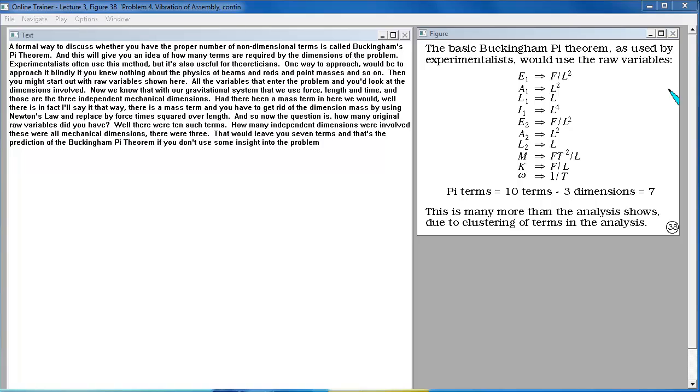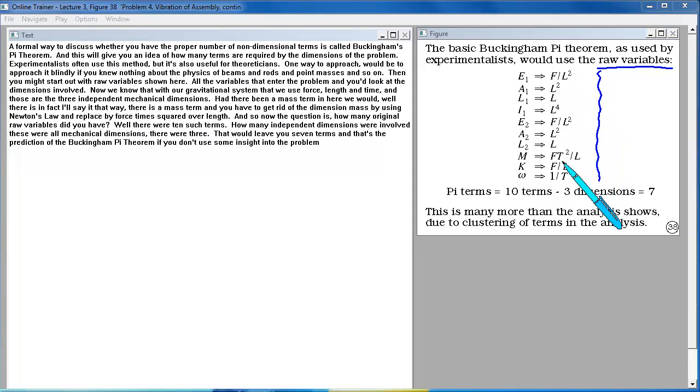Experimentalists often use this method, but it's also useful for theoreticians. One way to approach it would be blindly, if you knew nothing about the physics of beams and rods and point masses and so on. Then you might start out with raw variables shown here, all the variables that enter the problem, and you look at the dimensions involved.